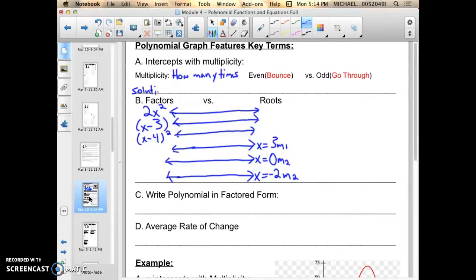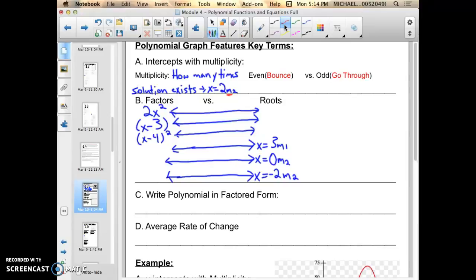It's written something like x equals 2 with multiplicity of 2. This little m denotes multiplicity, and what that little m means is that that solution, x equals 2, shows up twice. So instead of writing x equals 2 comma 2, you just write x equals 2 multiplicity 2.